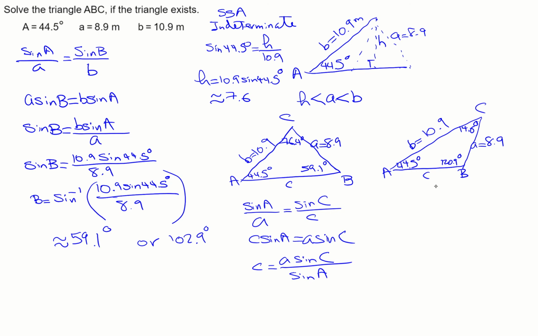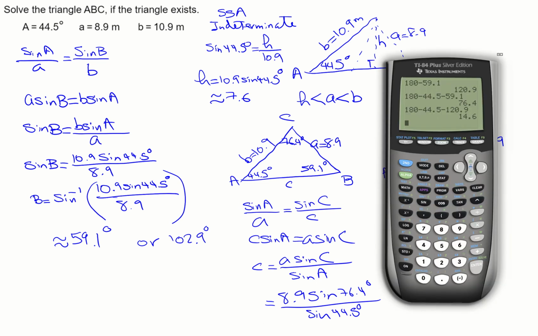So if we plug in now, we get 8.9 for A, sine of this C in this particular case, which is 76.4 degrees, over sine of A, which is 44.5 degrees. Now, when we do this, there's no inverse.